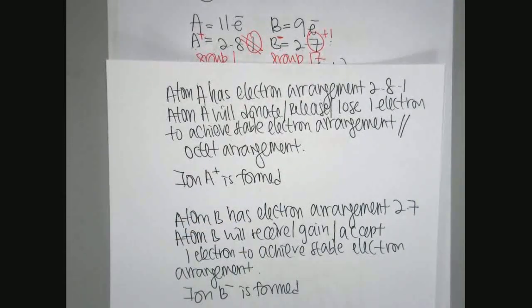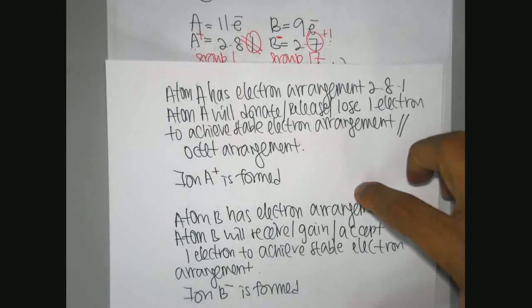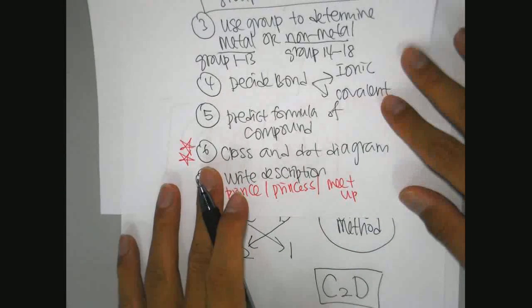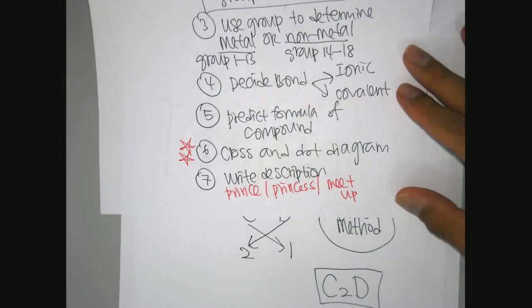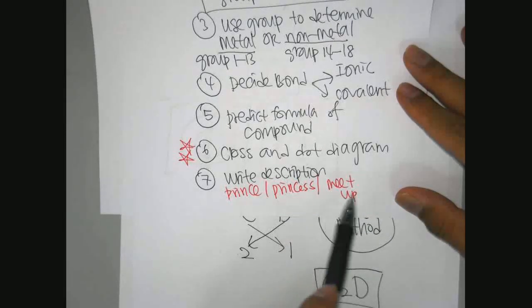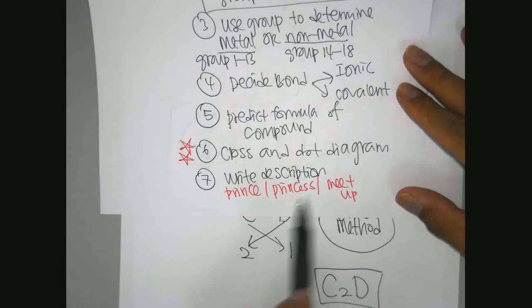So now we already understand what happened to A and what happened to B. If you look back to the format just now, I said when we do the description, we describe it like a fairy tale: we introduce the princess, which is the B. At the end of the day, we need to tell people how the prince and princess combine together, how they meet up.